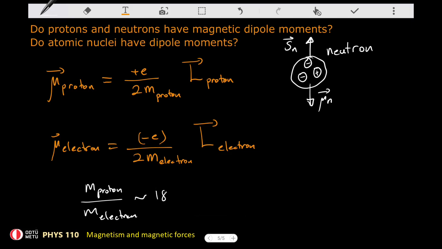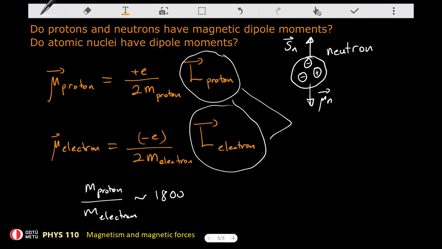It's about 1,800 times. It's very large compared to the electron. This is some kind of an unnecessary detail at this point. It turns out that the angular momenta of the electrons and the protons have the same order of magnitude, around 10 to the minus 34 joule seconds.